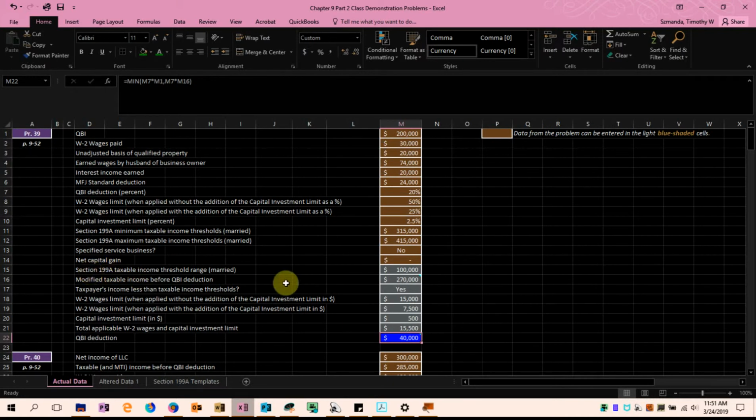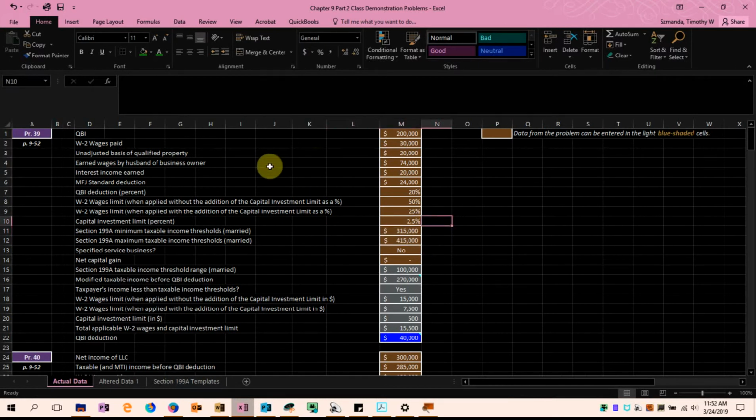A couple of things I want to bring to our attention. One is that the threshold range is going to be the difference between the upper limit of $415,000 for a married filing joint and the lower limit of $315,000 for a married filing joint. So when the income gets up in this range or exceeds it, then we have some additional calculations to make to reduce this deduction.